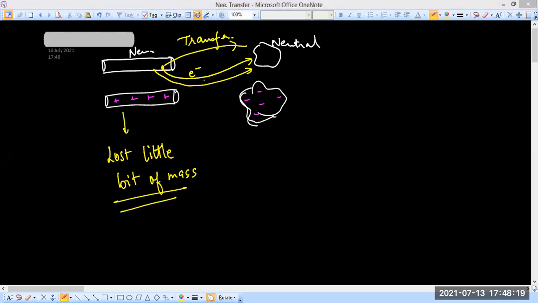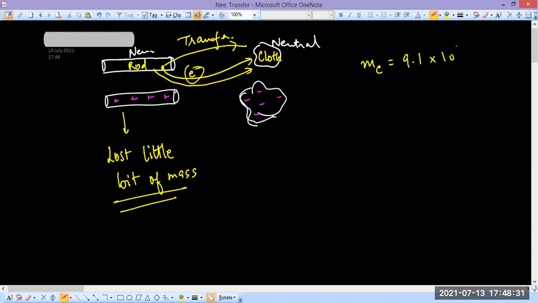Every electron that goes from rod to cloth will have some mass, isn't it? How much mass? 9.1 into 10 raised to minus 31 kg. So when it goes there, it will carry its own mass. So rod will lose little bit of mass and this will gain little bit of mass.